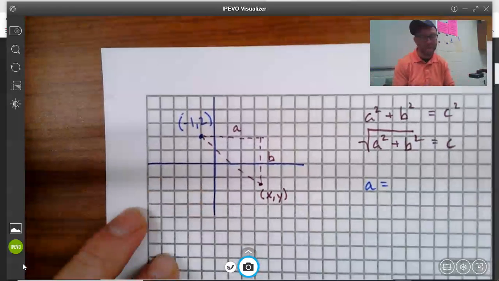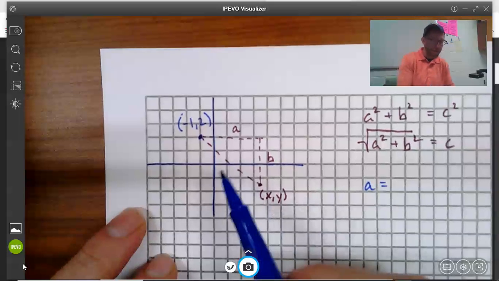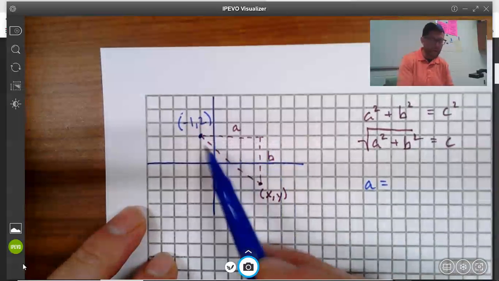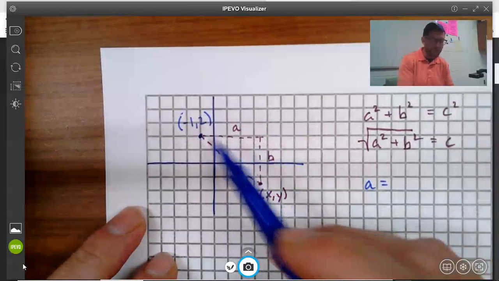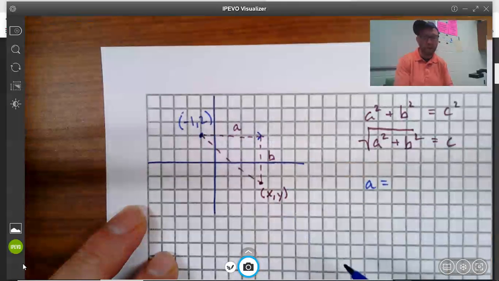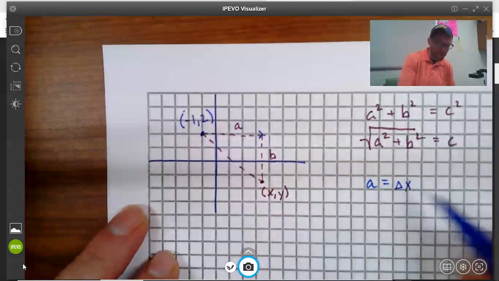I end up further to the right than I was, and that's my change horizontally. So keep in mind, this doesn't mean I'm traveling over and then down. These markings are just showing I am so far further to the right than I was when I started. That's our horizontal change. We mark that with the little triangle as delta, delta x.